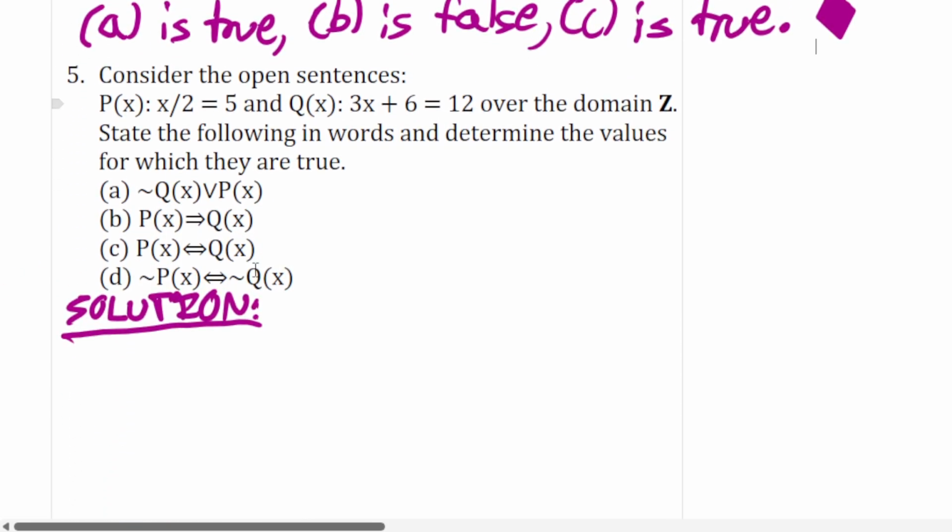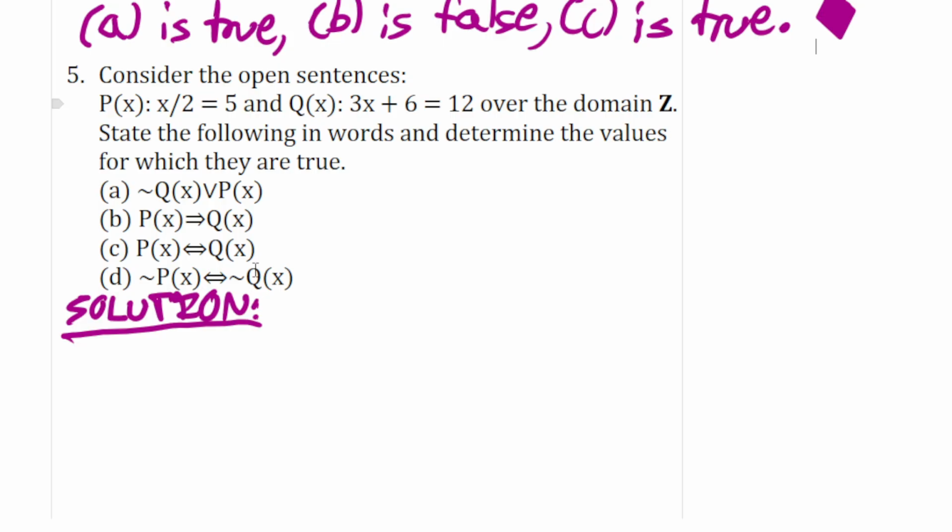Alrighty, for problem 5, we are given these open sentences, P of x, where x divided by 2 equals 5, and Q of x, 3x plus 6 equals 12, over the domain of integers. And we need to state the following 4 statements in words and determine the values for which they are true.